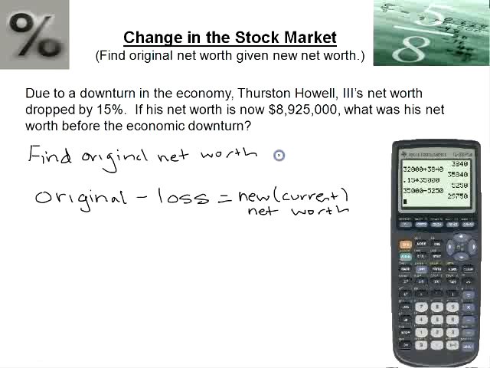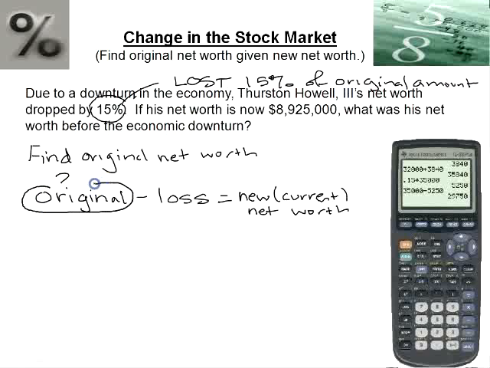Now what's different here is we don't know the original amount, but we know he lost 15% of his original amount. But we don't know the original amount. That's the great unknown.